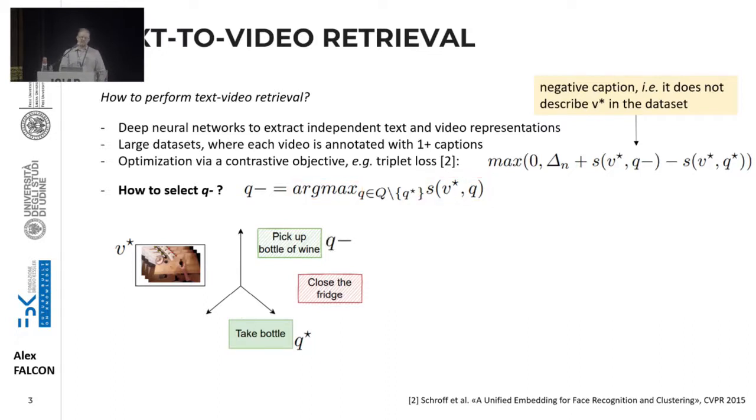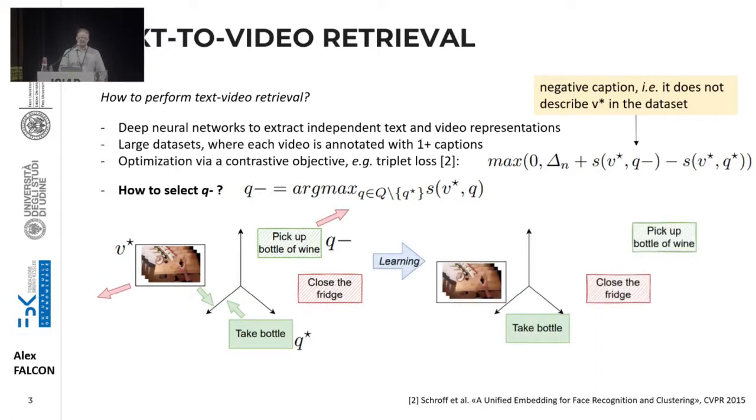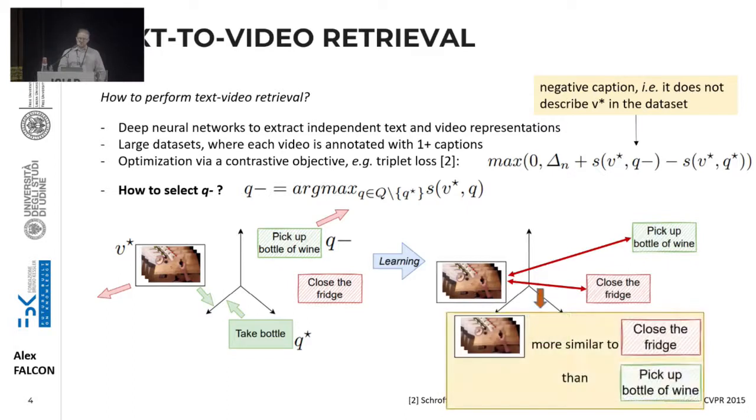In this case, pick a bottle of wine is selected, which means that after learning, we may reach a situation such as the one shown on the right, which can intuitively be interpreted as V-star being more similar to close the fridge than it is to pick a bottle of wine. This is clearly not an ideal situation, since pick a bottle of wine should be treated as a valid caption for the video.